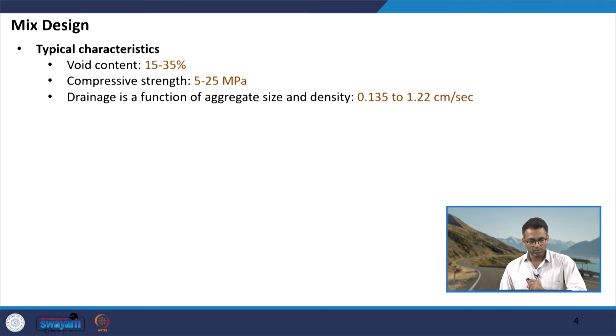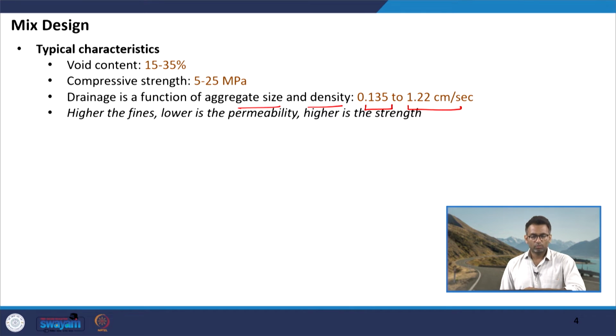Here the drainage, or the movement or percolation of the water, is a function of the aggregate size and also the density, and typically the permeability is kept within the range of 0.135 to 1.22 centimeters per second. So, this is the typical range of permeability, okay, which we can achieve using a pervious concrete.